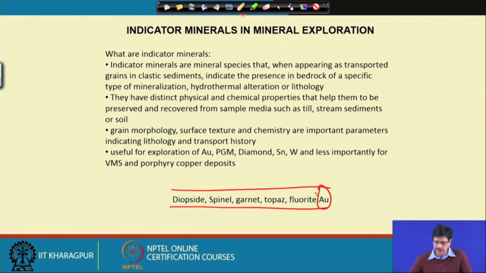They have distinct physical and chemical properties that help them to be preserved, as I just mentioned. The grain morphology, surface texture and chemistry are important parameters indicating the lithology and transport history, because the grain morphology would be very much an indication of the kind of rock from which they are derived.